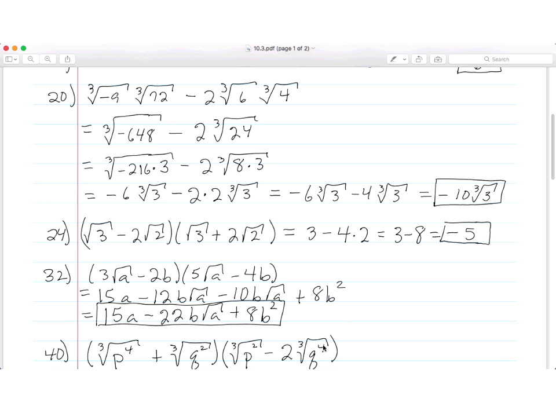The cube root of p to the 4 times the cube root of q squared times the cube root of p squared minus 2 cube root of q to the 4. Okay, so we're going to have to multiply this out.